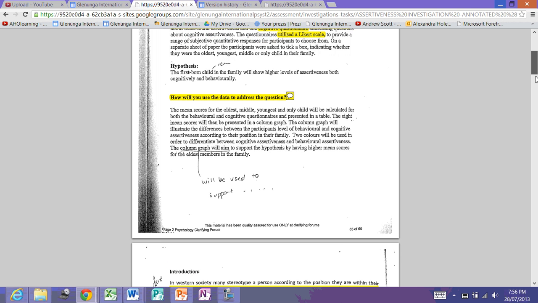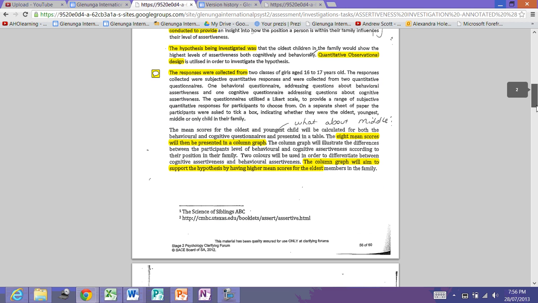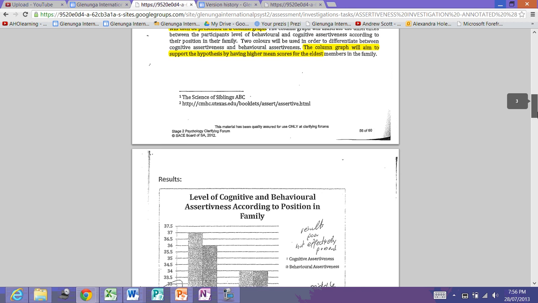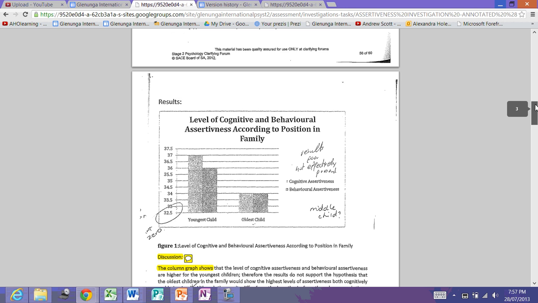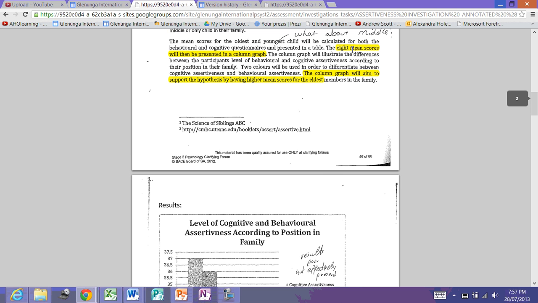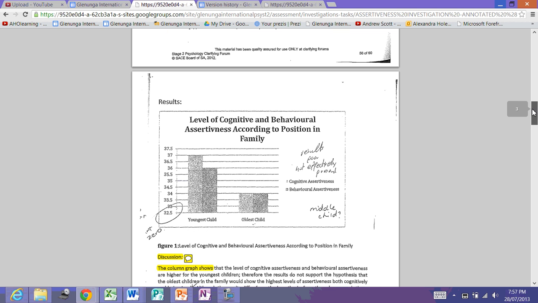Why is it not a B? Because here they forgot oldest, youngest child, and they have changed. Okay? And according to the proposal it was to be different, and they have changed from here. Now this girl here has the oldest and the youngest, and here it has the youngest and the oldest child. Yes, correct.